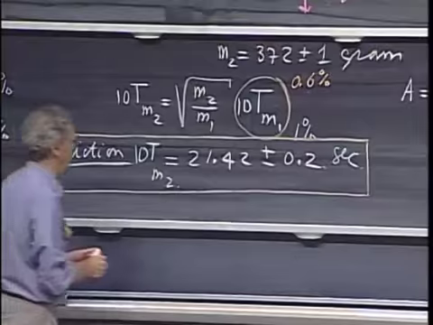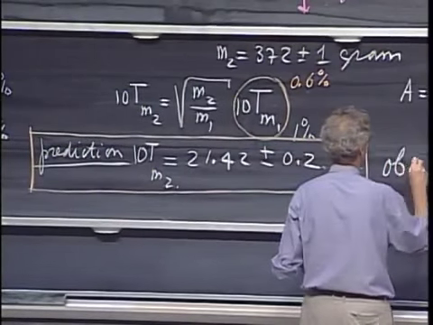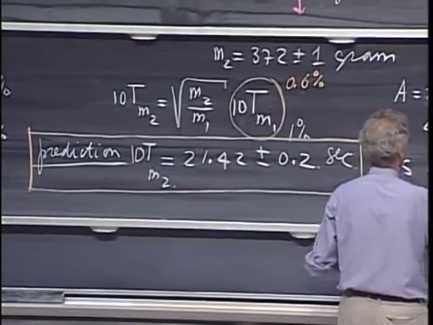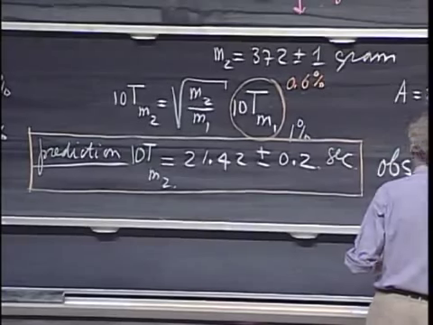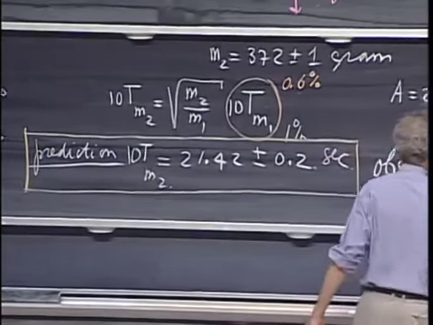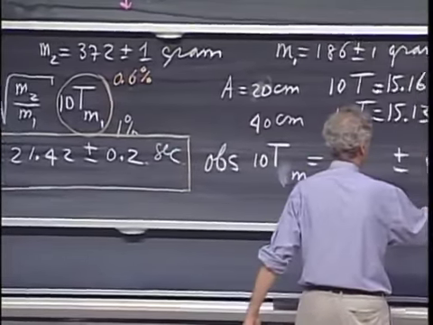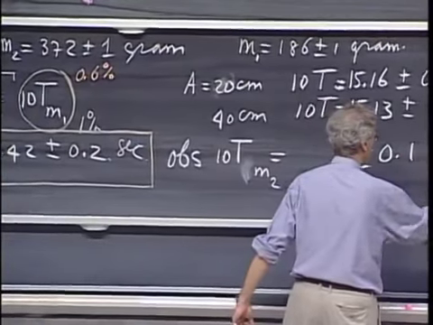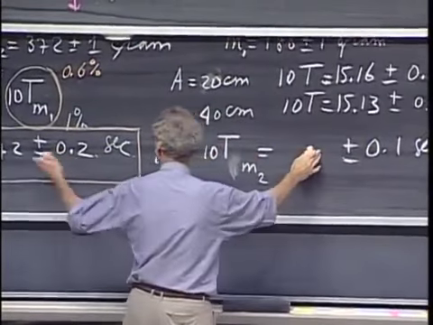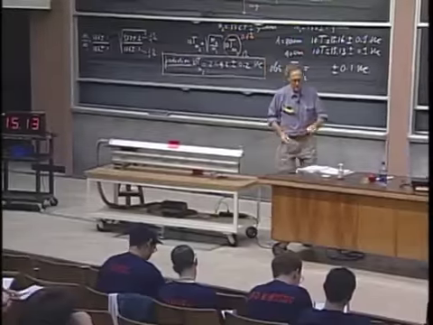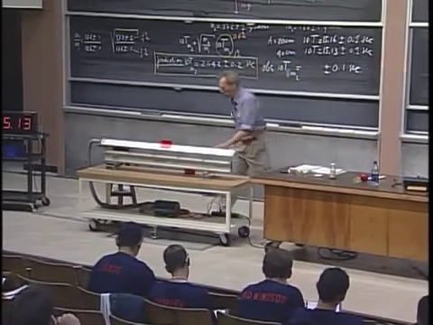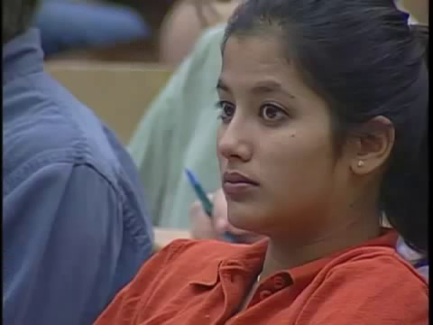And now we're going to get the observation of 10T times m2, which is double the mass. And that, of course, always has my uncertainty of my reaction time. There's nothing I can do about that. And we will compare these two numbers. So I will put the other mass on top of it. It comes here.